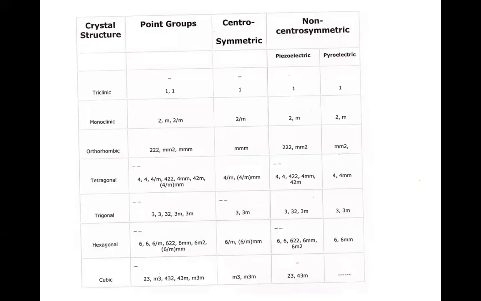These are the tables. You will see triclinic has only one fold, that means doing nothing operation. Another possibility is this bar is shifted here. So this is 1 bar, that means you have only a center of inversion. This crystal has only centrosymmetry, no other symmetry element.